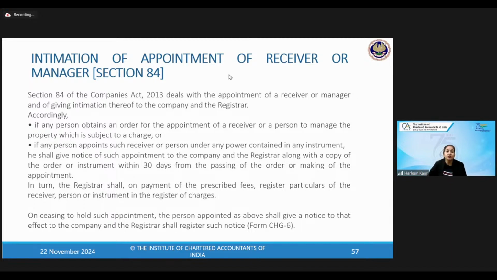Section 84 says that sometimes the court passes an order that whatever property has been given as a security needs to be taken care of. The property needs to be managed properly. So for the management of that property which is given as a security, sometimes the court gives the order, or it is written in the instrument document, that is the loan document that we are signing together.